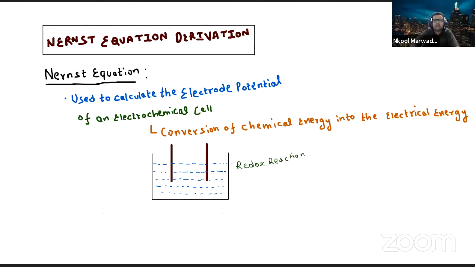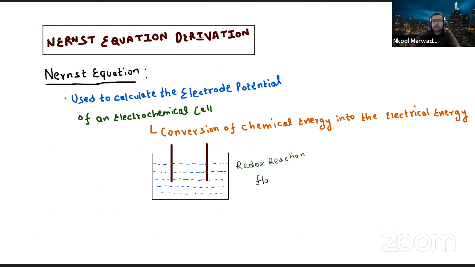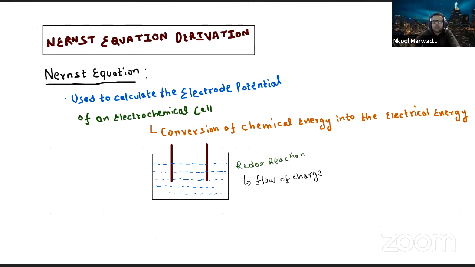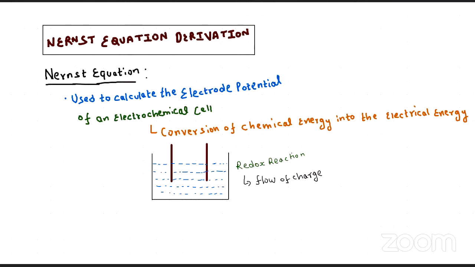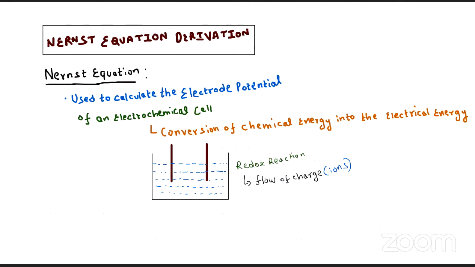Because of this redox reaction, flow of charge will take place. And here the charge is the ions, because in the solution we have ions. So these ions will flow, and we will be able to derive current through this wire.